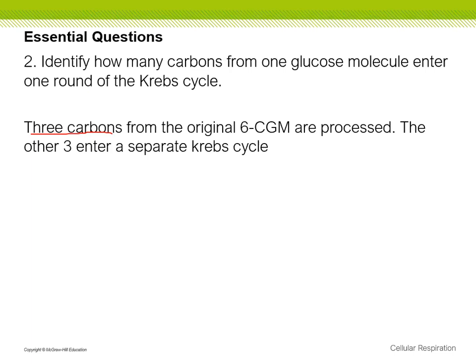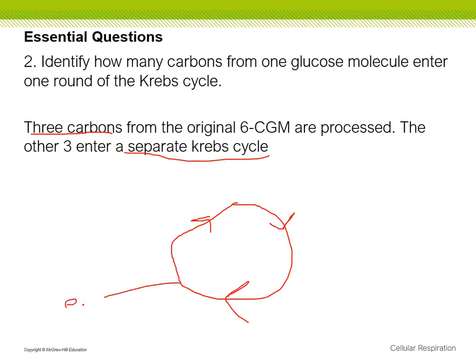But there are 3 that go in there, and then the other 3 enter a separate cycle. Again, it is a big loop. You have to put some back into the system. You only take out 3 of them. The other 3 go back into the system.